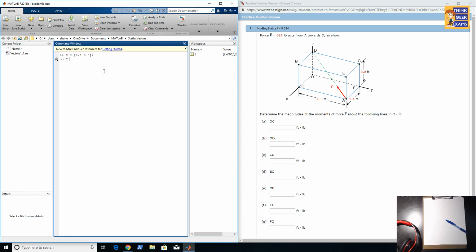C is going to be, and it doesn't have an X dimension, so C is that. D is going to be, it doesn't have a Y dimension either, so it's going to be that, and B is going to have no Y dimension, so it's going to be that.